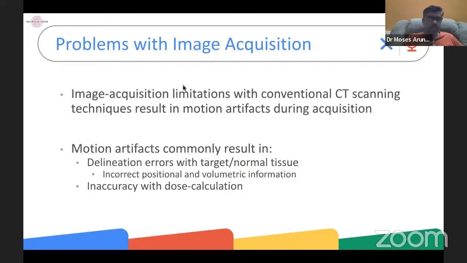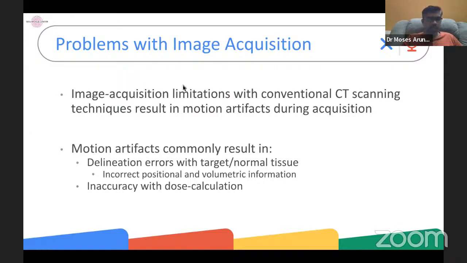With regards to image acquisition, when we acquire a conventional CT image which is not respiratory correlated, we can face a lot of uncertainties in identifying the correct position or volume of the tumor.